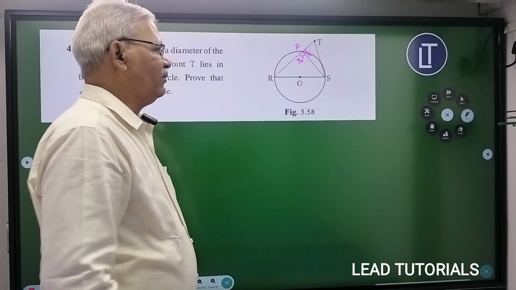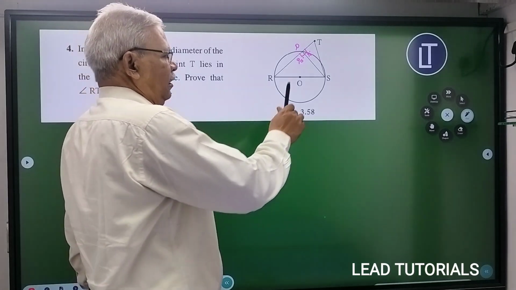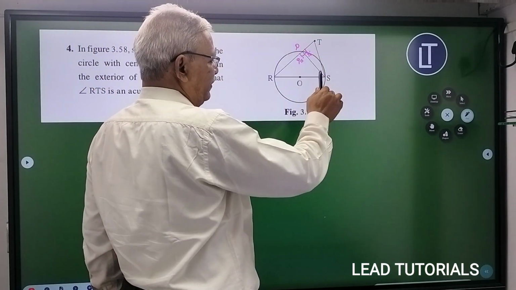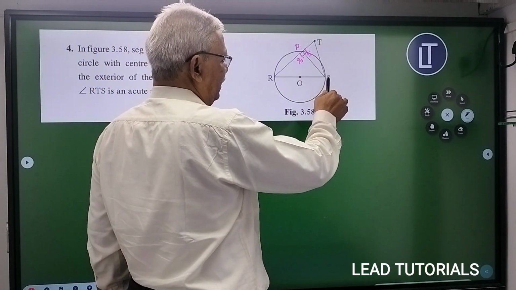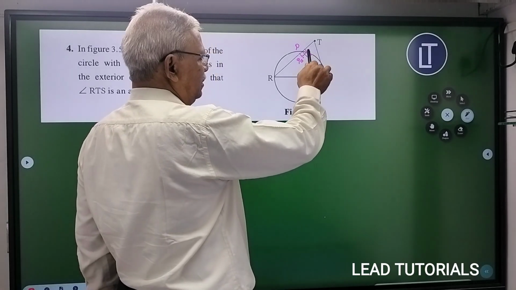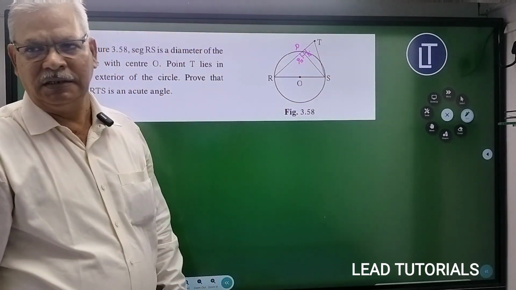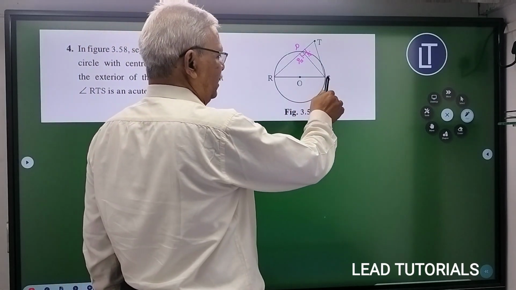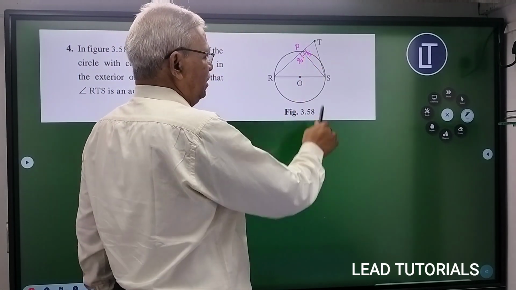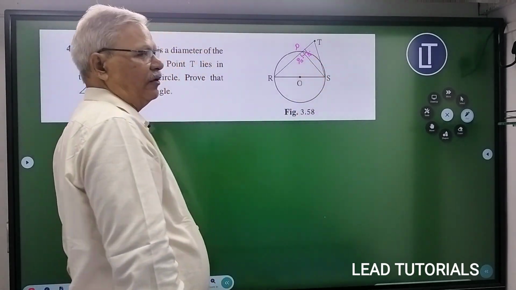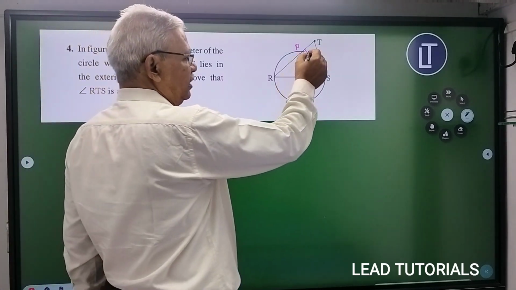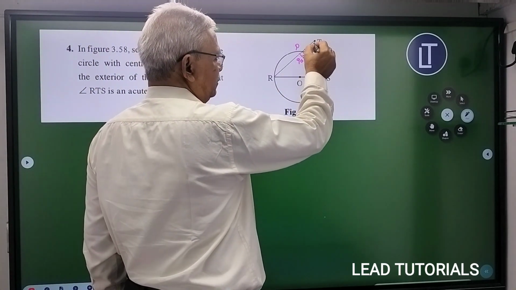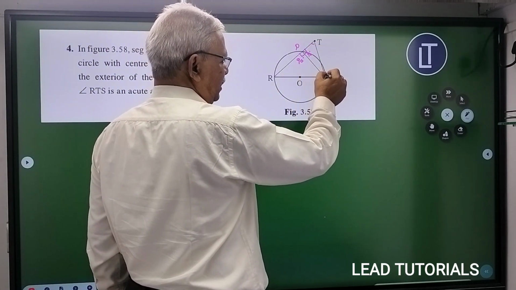Then what will happen? As this angle is 90, in triangle SPT, if one angle is 90, the other two angles should be acute angles.